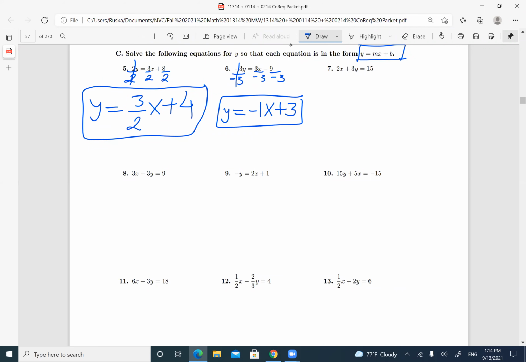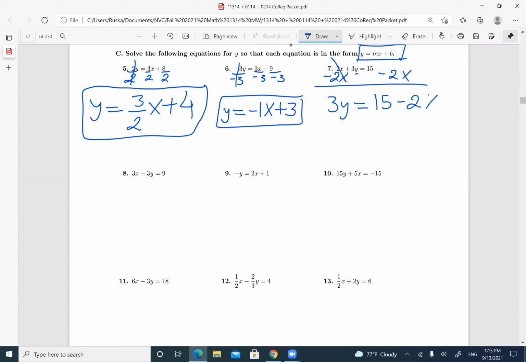And then let's do one more. We have number 7. We want to get y by itself. So first, before I divide, I'm going to subtract 2x on both sides, because I want to get y by itself on that side. So we have 3y equals 15 minus 2x.